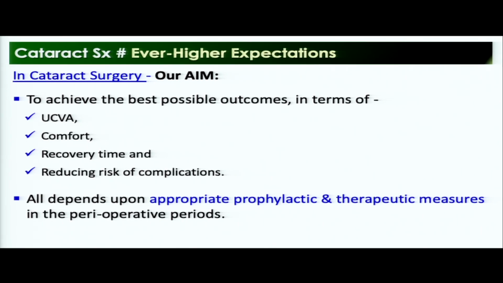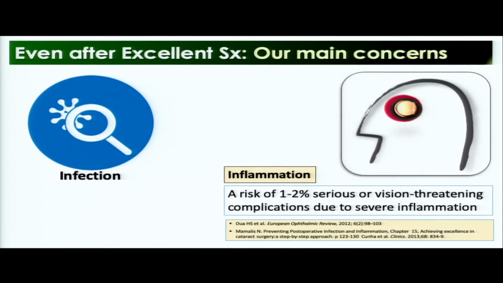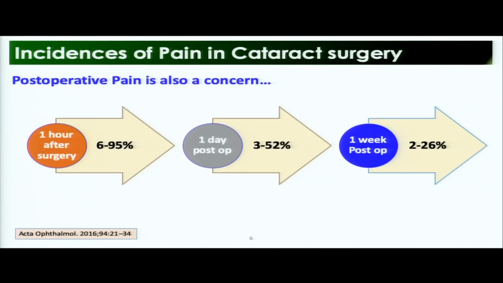So we need to choose the appropriate therapy. There are two main concerns after cataract surgery. One is infection, another is inflammation. And you know that the risk is 1 to 2%, and it must be addressed, otherwise there will be a suboptimal visual outcome.